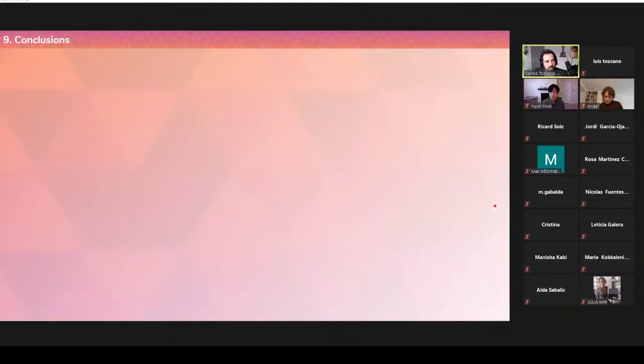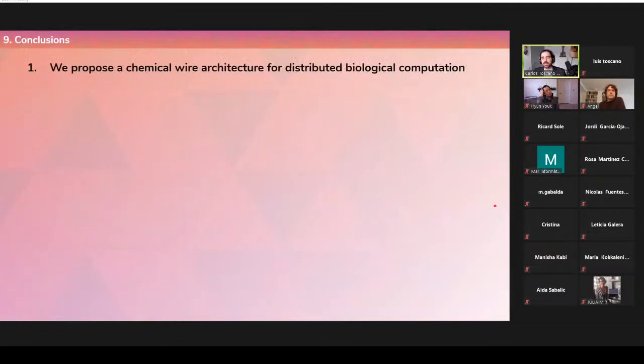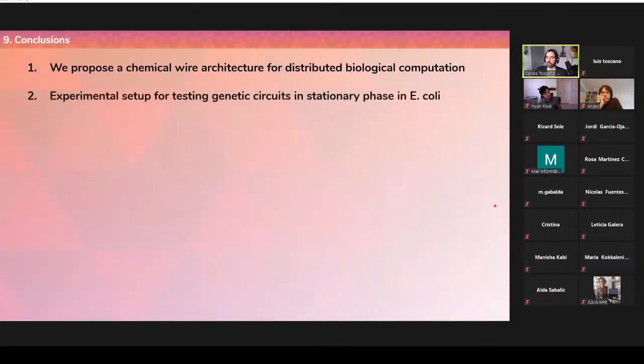Now, with the permission of the committee, I would like to read the conclusions of my thesis. First of all, we propose a chemical wire architecture for distributed biological computation. Also, we present an experimental setup for testing genetic circuits in a stationary phase in E. coli.